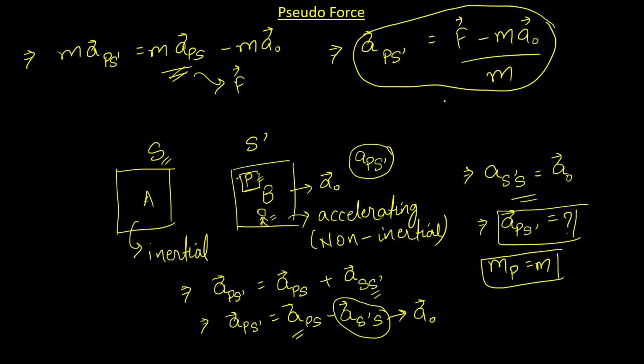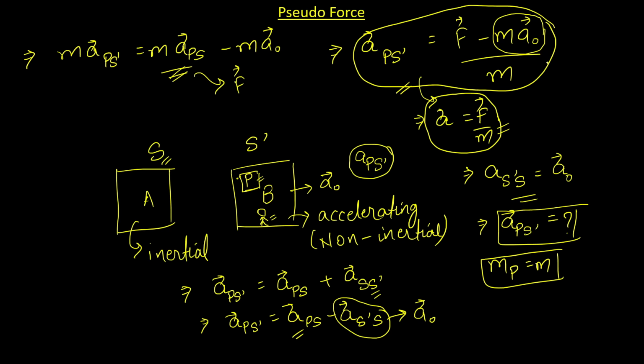So from here you can see that this is not the general kind of equation we have studied in Newton's second law of motion, where acceleration is basically F vector upon m, that is the net force on a particle divided by the mass of the particle. But here there is an extra term, m A naught vector, which is not letting this equation take that form.